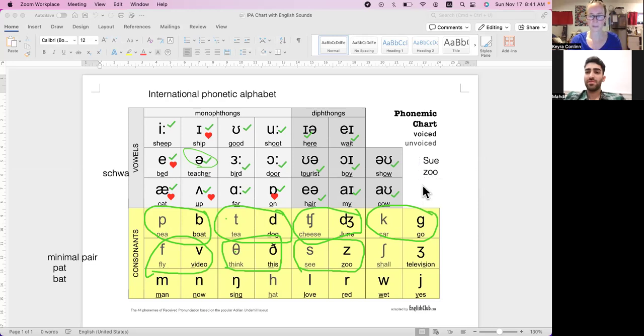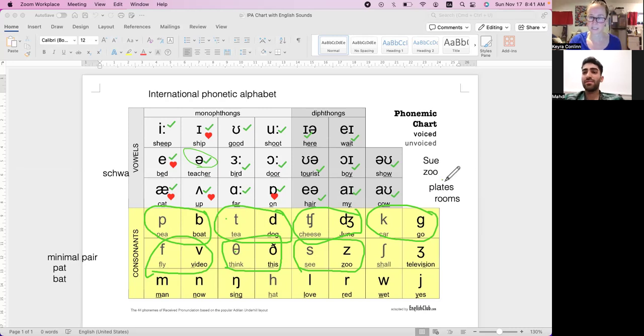For example, a plate that you eat with has an S sound: plates. But if we have the word room, rooms, and that is because the sound before it is voiceless, right?